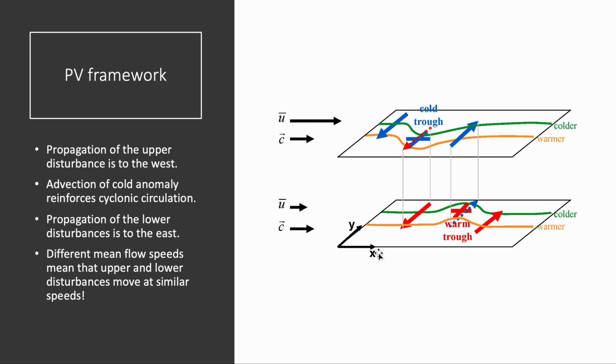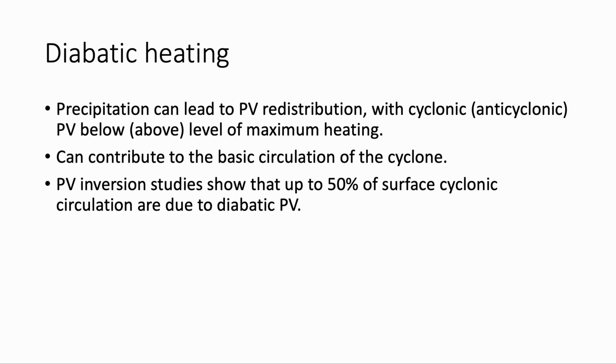But because the wind speeds are also different, it so happens that these two anomalies will move at roughly similar speeds, and so this causes this self-developing system to move all at the same speed. One important thing also is that these two should not be exactly stacked on top of each other, but if they're slightly offset, then this really helps in favor of this.